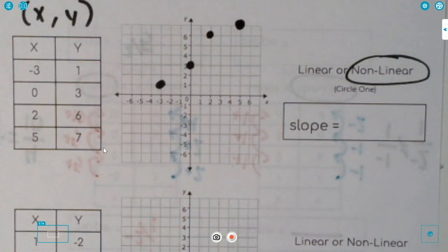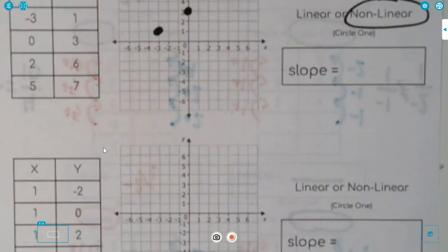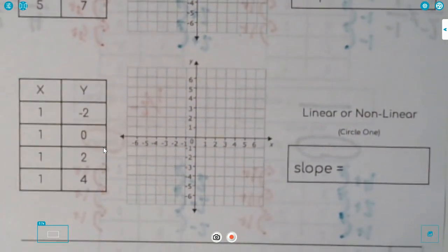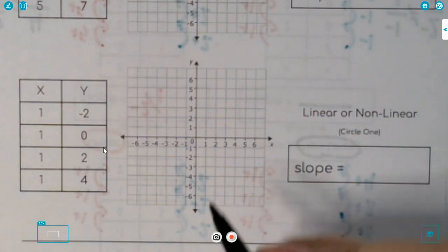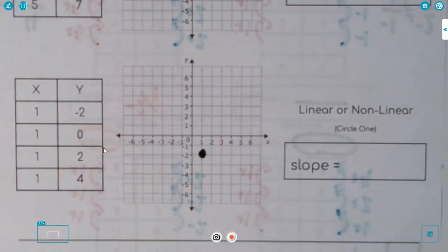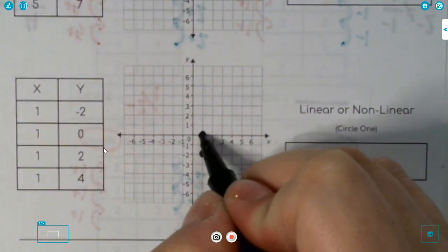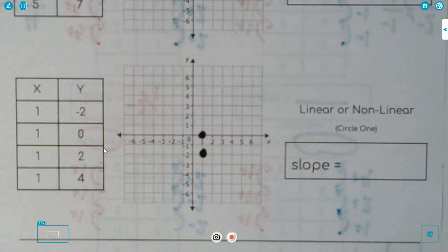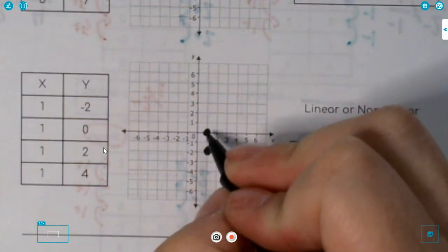Okay, last one. 1, negative 2. So I go right 1, down 2. 1, 0. So I go right 1, up 0. 1, 2. I go right 1, up 2.